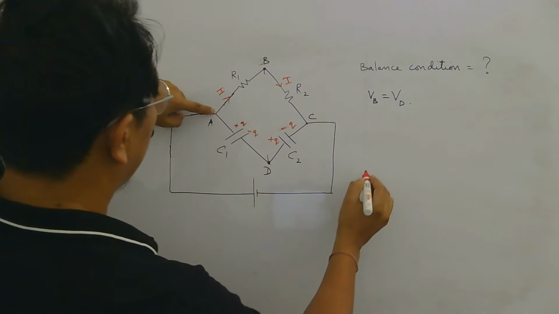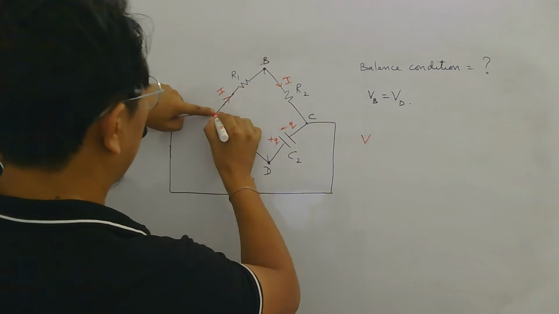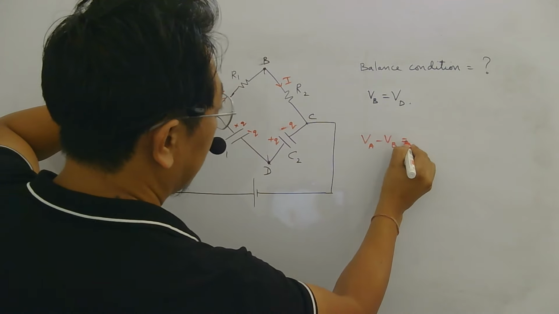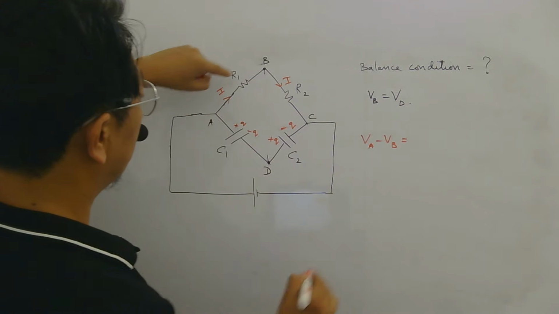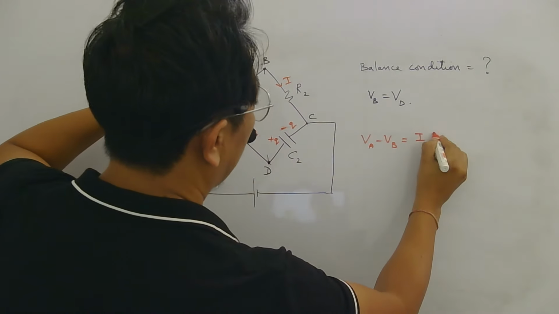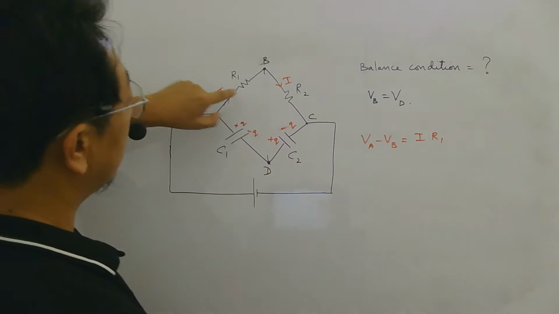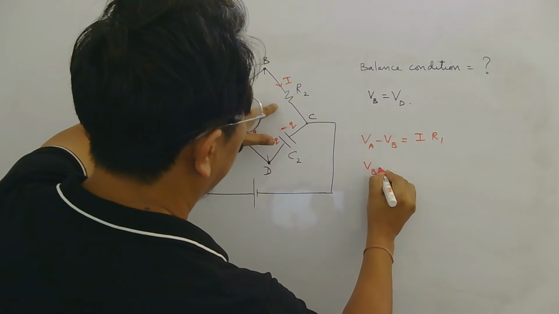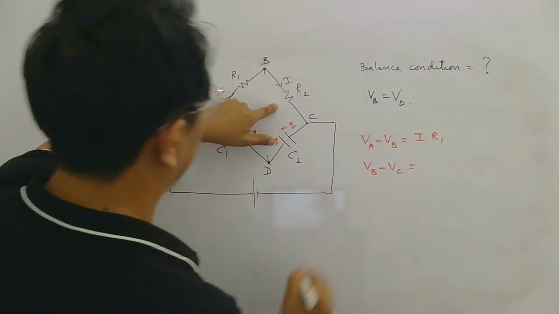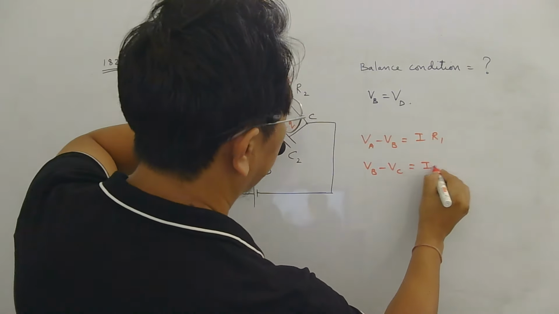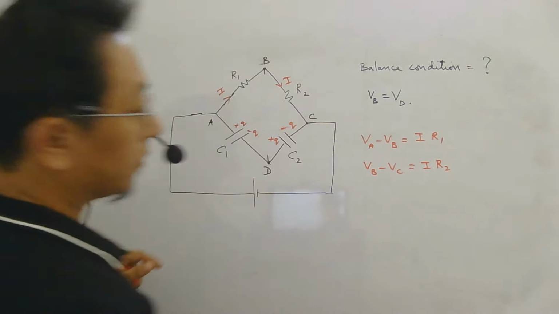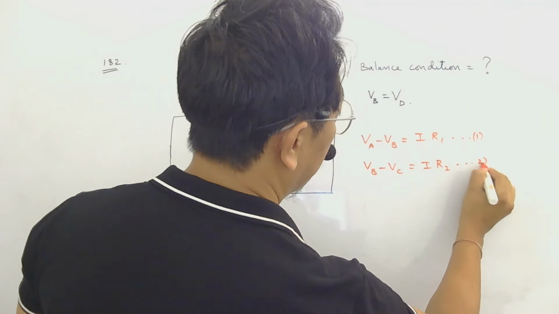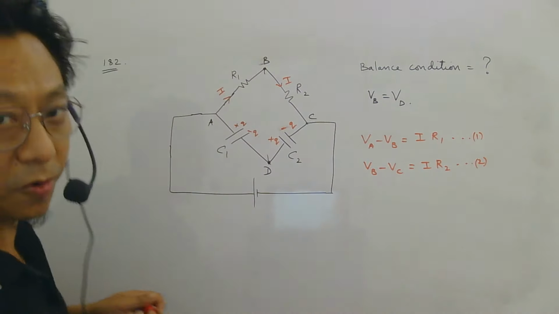So now I can write potential between A and B, VA minus VB, equals, by Ohm's law for this resistor, I into R1. Similarly, potential between B and C, VB minus VC, I can write I into R2. Correct? So these are my Ohm's law applied to these resistors.